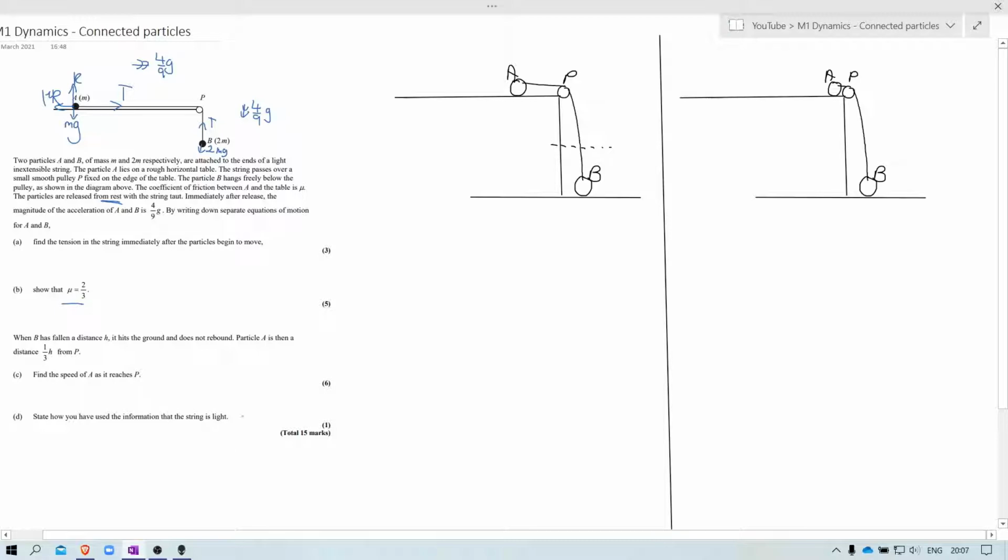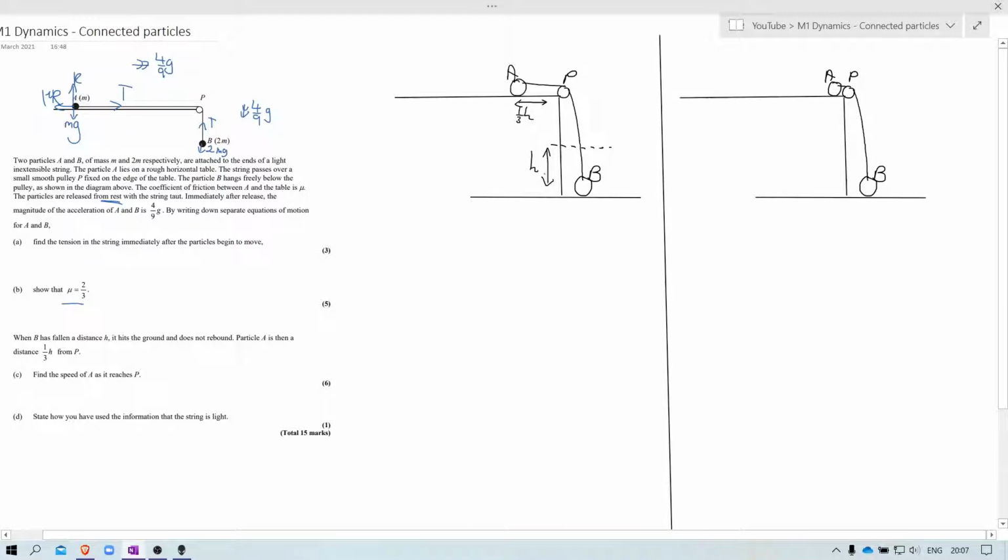Alright, perfect. So the method that I use to approach these questions is draw some pictures, which I've already got drawn here, and go from there. So looking at the first picture on the left hand side, we can see that A is a third of h from P because B has travelled h meters down from its initial position, which I've just drawn in with this dotted line over here.